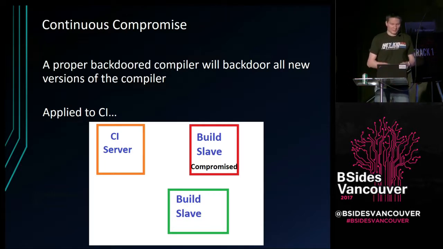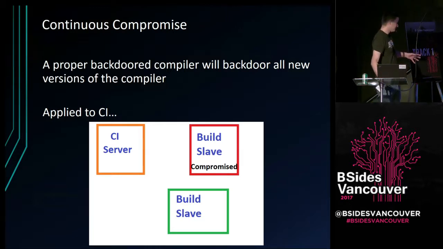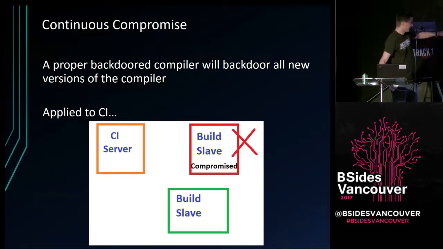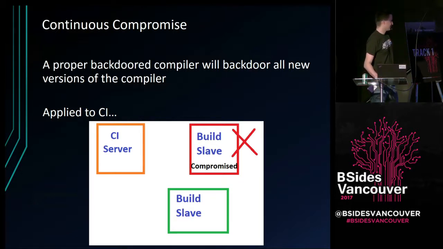So say we took our scenario, we compromised a project, got our code running on a build slave, we've got a compromised build slave. I've got some animation here. It's pretty great. So we've got our build slave. It's infected, and now they realize someone's been messing with our system. We better reinstall the CI server. So they reinstall the CI server. It's all good.